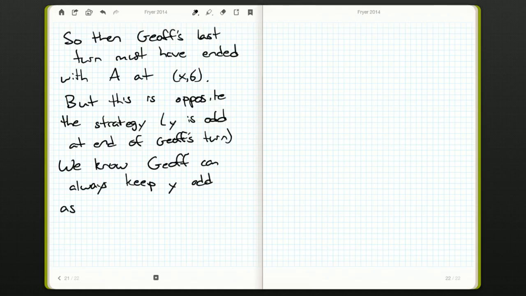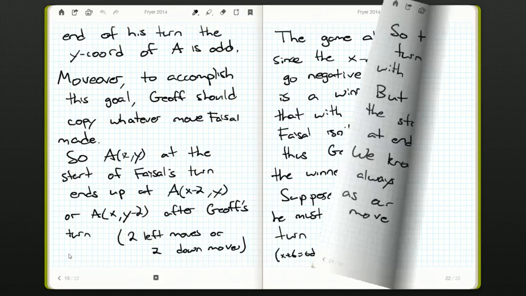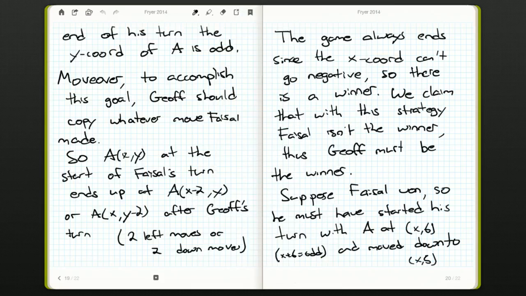And we know that we can always keep y odd at the end of Jeff's turn. So from our work over here, if we mirror Faisal's move, we get a change of the x-coordinate by 2 or the change of the y-coordinate by 2.